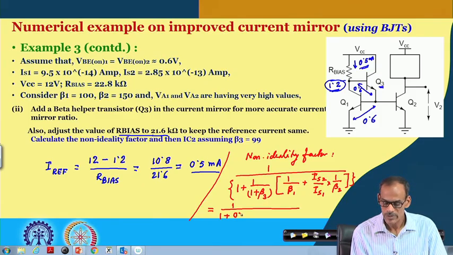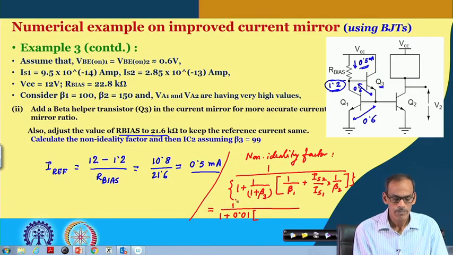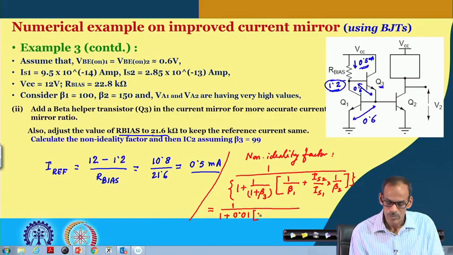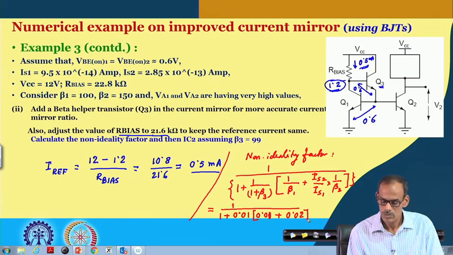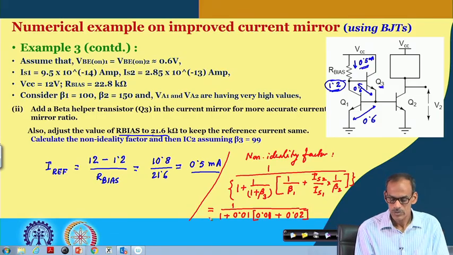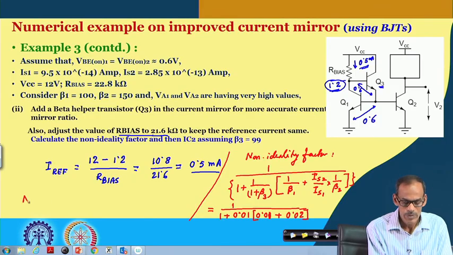That gives us a factor 0.01 multiplied with the bracket. 1 by beta 1, with beta 1 being 100, is 0.01, plus this one, with beta 2 being 150, is 0.02, so the sum is 0.03. So that is the non-ideality factor.